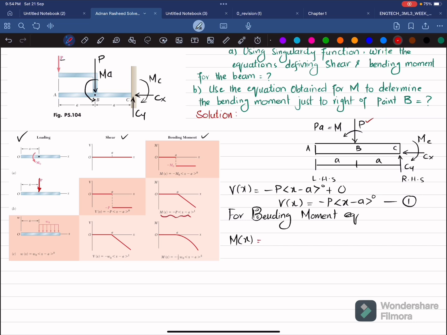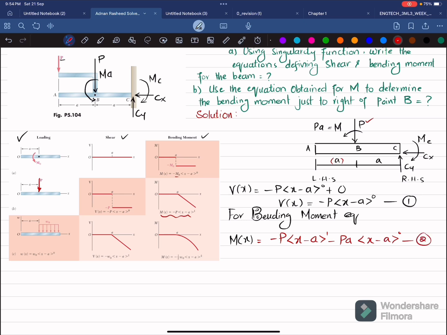I will write minus P into x minus a power 1, because this P is acting at a distance of a from point A. And we have a moment as well, which is PA. So due to the moment the equation will be this one. I will write minus, this M naught will be replaced with PA, so PA into x minus a power 0. And this will be our equation number 2.